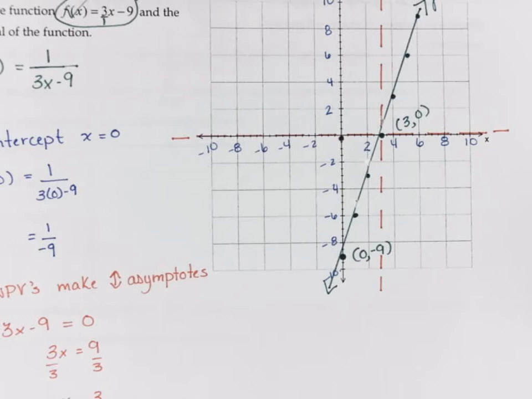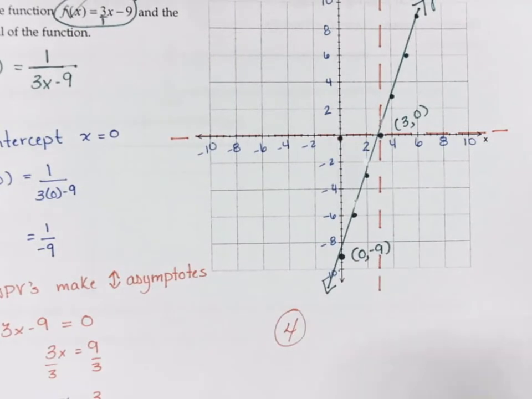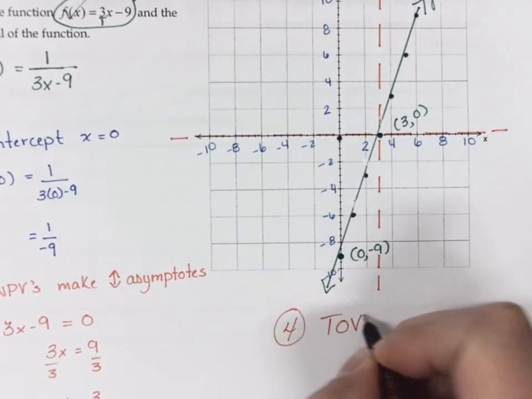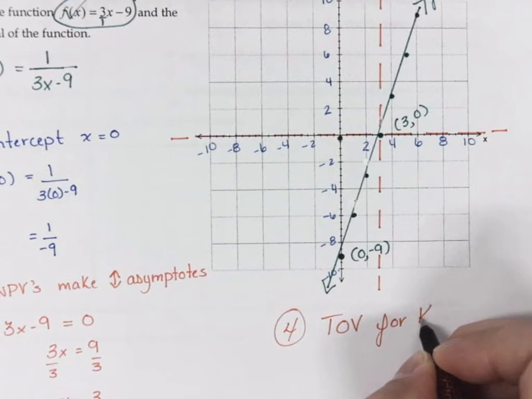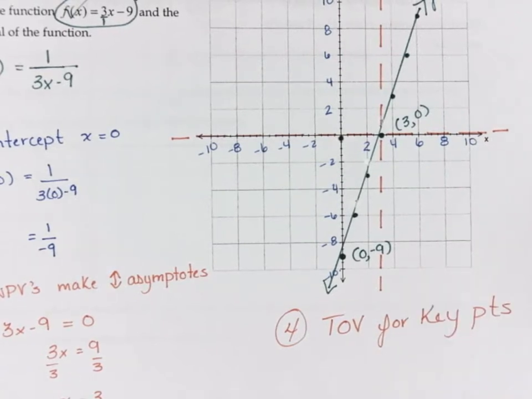Okay, and I don't know what we're on, step 4. Step 4, it says do a table of values of key points. Table of values for key points.